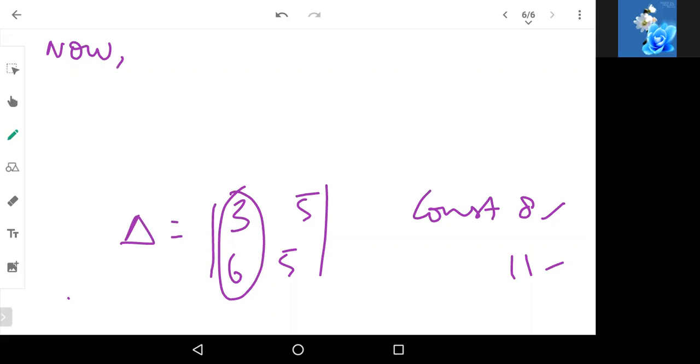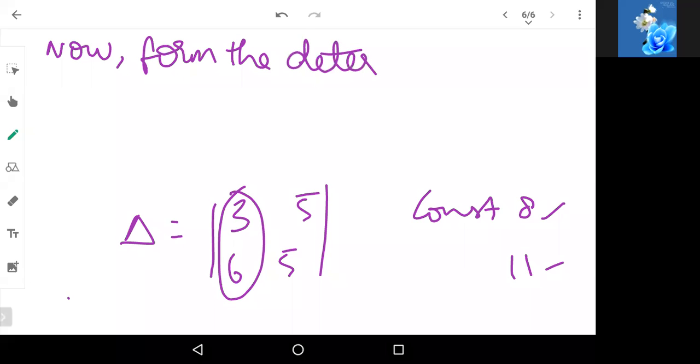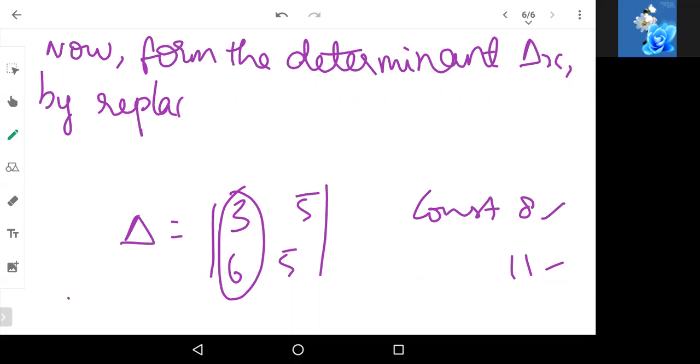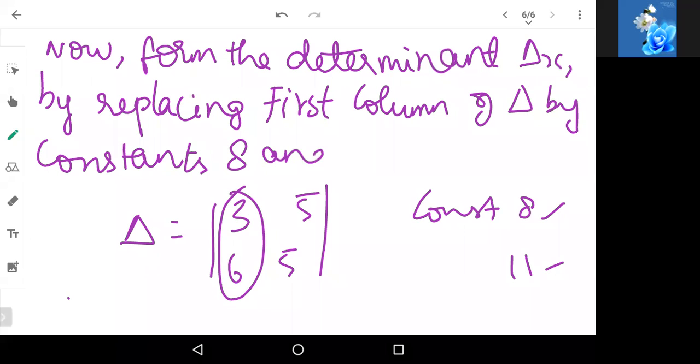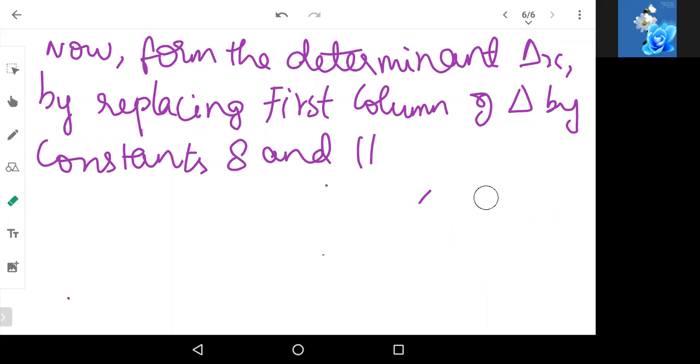Form the determinant delta x by replacing first column of delta by constants 8 and 11.